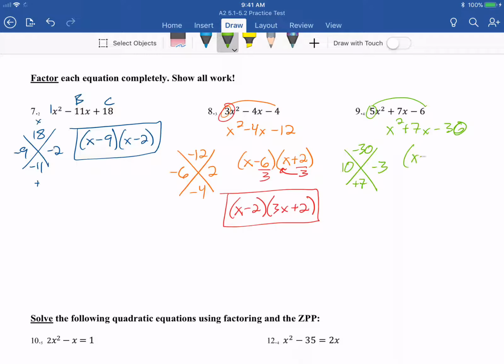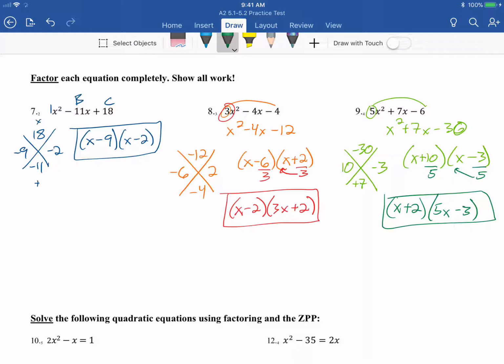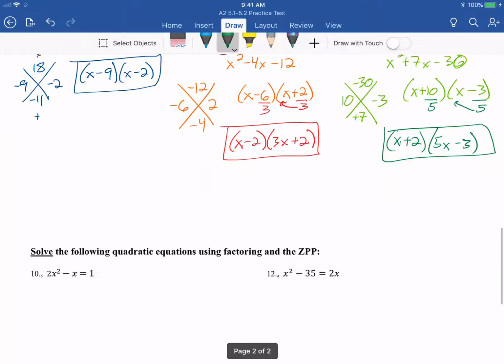So I get x plus 10 and x minus 3. Going through here, do not forget to divide by that original a value, which is 5. So I get x plus 2 here. And then this 3 over 5 can't simplify. That 5 comes out in front, 5x minus 3, which is good. Awesome. So those are the factoring ones.